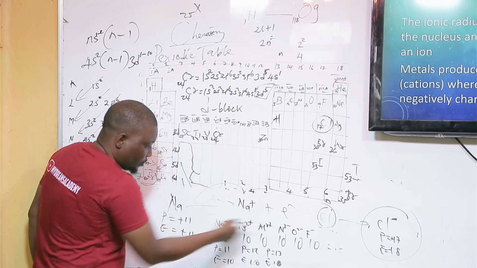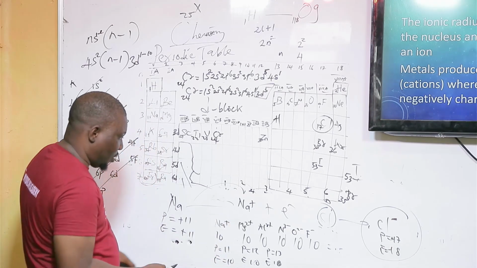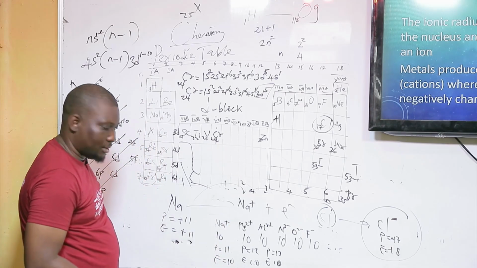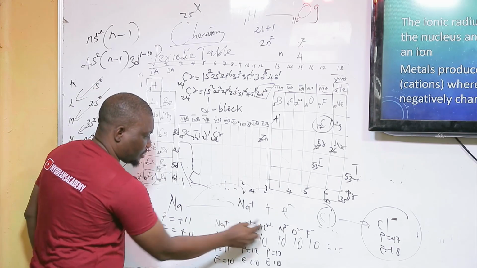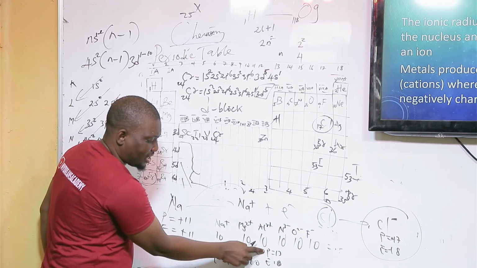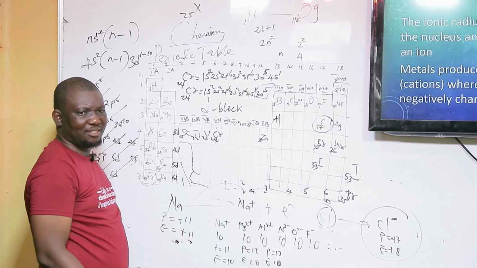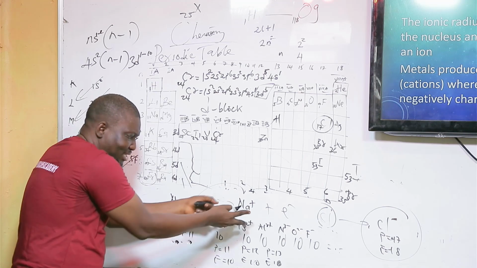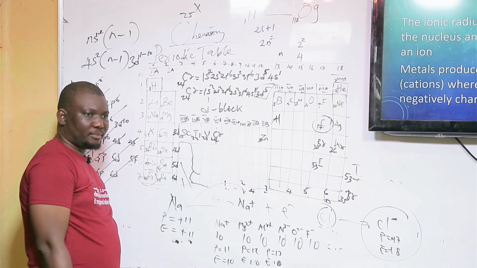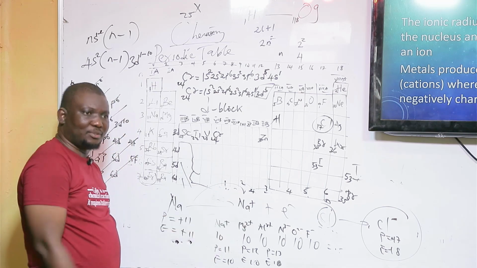Which one here is smaller in size? Aluminium is smaller because it has more protons. The higher the proton number, the greater the nuclear charge. Smaller size, aluminium. That is the essence of what I'm trying to say.